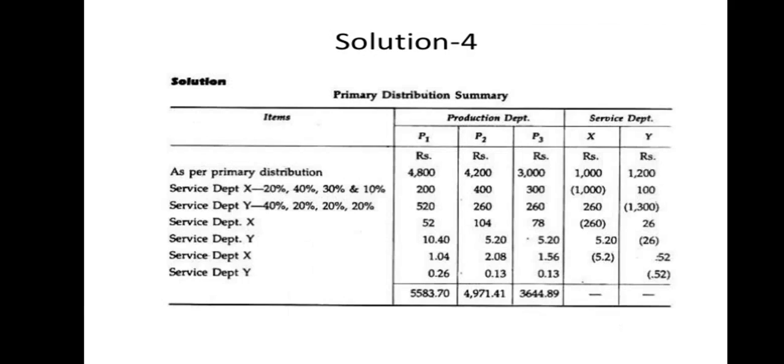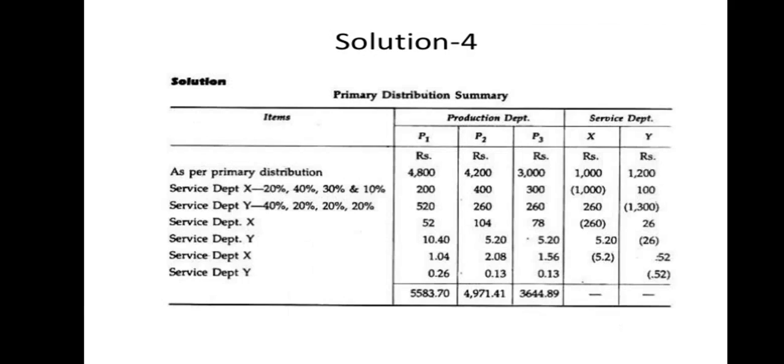Next, for production department 2, 1,000 into 40%. Where did you get that 1,000? Primary distribution of service department X. 1,000 rupees into 40%, because production department 2 will be apportioned 40%. So 40 by 100, that is equal to 400. Next, production department 3, 1,000 into 30%, that is equal to 300.